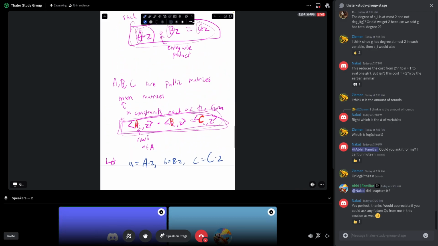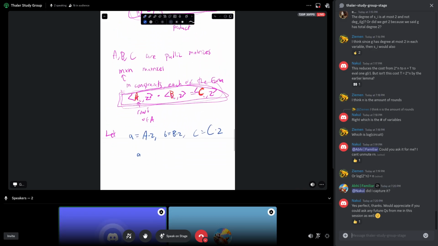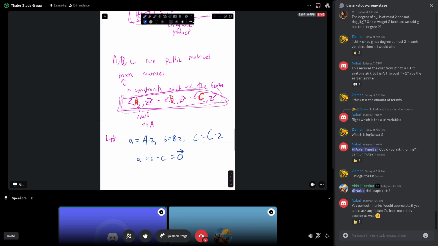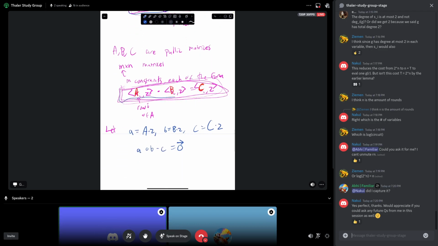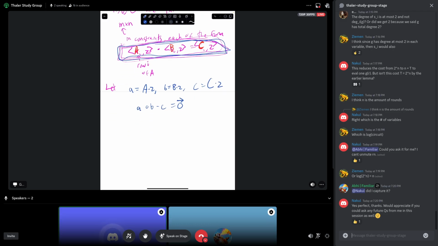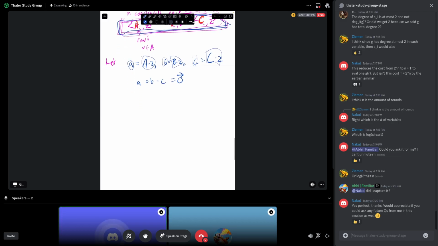The claim here is that little a entry-wise product little b minus little c equals the all zeros vector. So I've written R1CS three ways now. We have it in matrix form, we have it in constraint form, and now we have it in matrix form again, but where I just replaced the matrix-vector product with a little letter, so I didn't have to keep writing out the matrix-vector products. Okay. So this is what the prover's claiming.